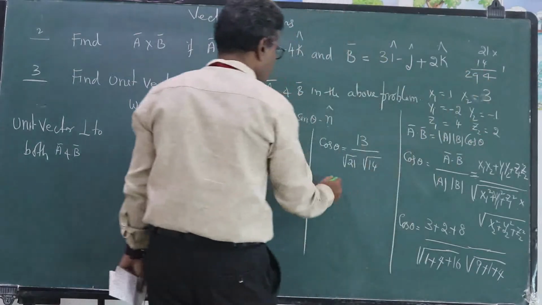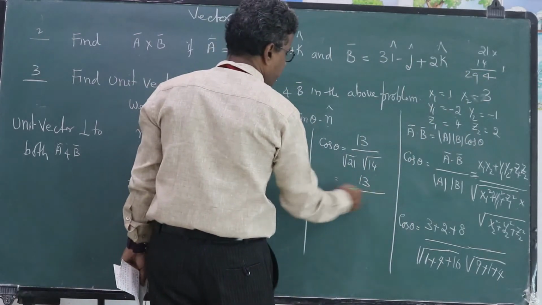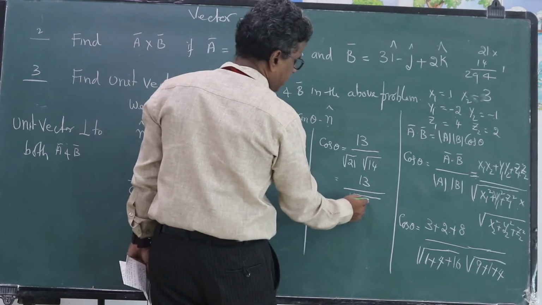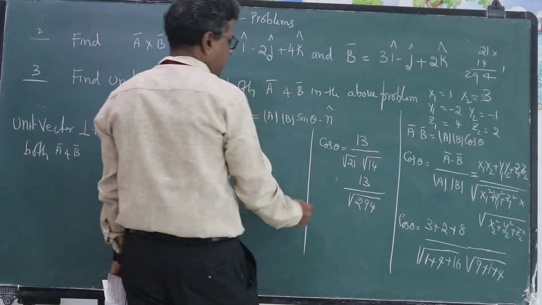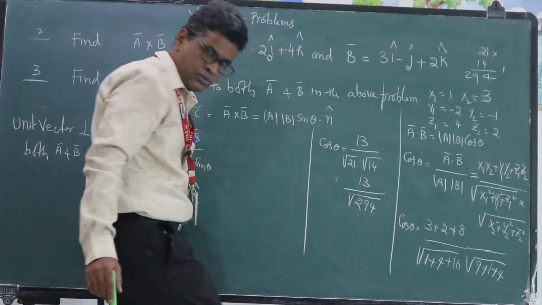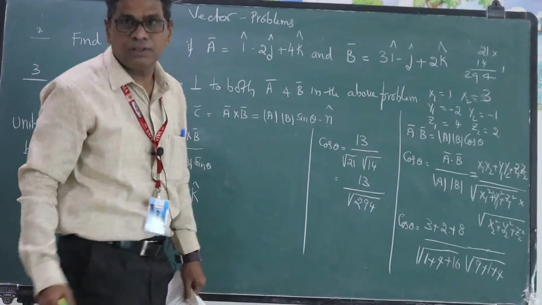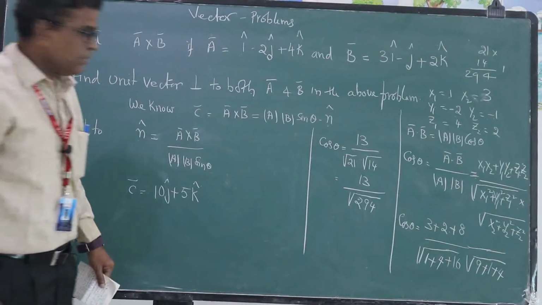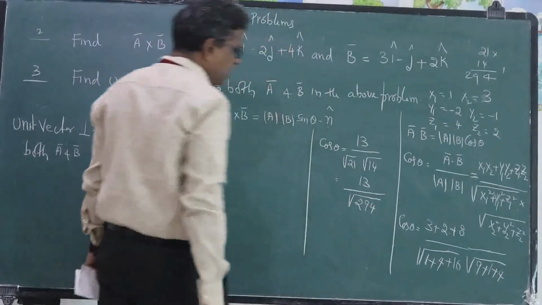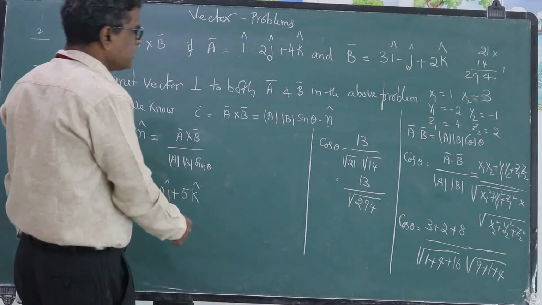So root 294. It is not a perfect square root, so you leave cos theta like this.